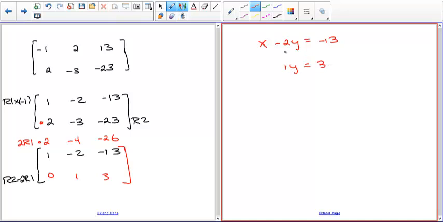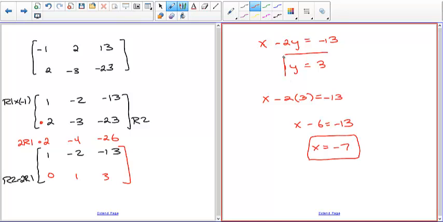Then you can substitute back in. So you'll have x minus 2 times 3 equals negative 13, and x minus 6 equals negative 13. If you add 6 to both sides, you'll get x equals negative 7. Okay, so that's the solution.